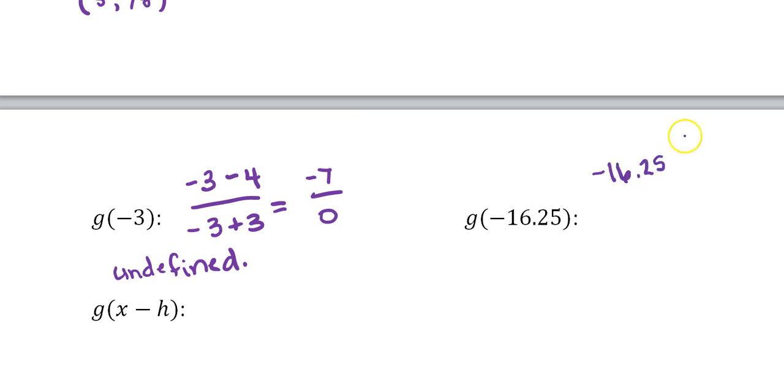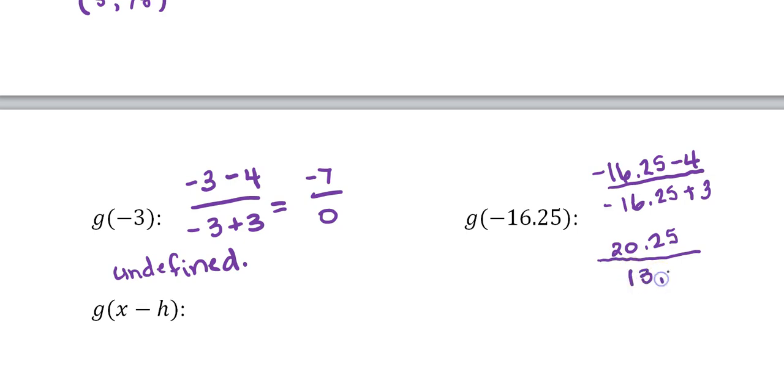All right, so this one here, again, it's a negative 16.25, and I'm going to subtract 4, and I'm going to have negative 16.25 plus 3, and this is going to give me 20.25 over 13.25.